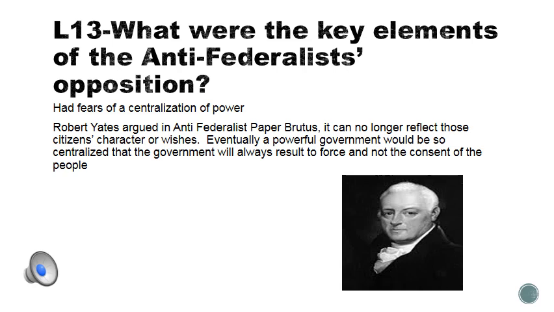So some people are saying that we're seeing that right now. But again, you still have the decentralization of power in the Constitution. It's still there. Just because there is gridlock between the House of Representatives, the Senate, and the President. But this was a big fear by the Anti-Federalists because they believed that if you have a centralization of power, then tyranny is going to come along with it.